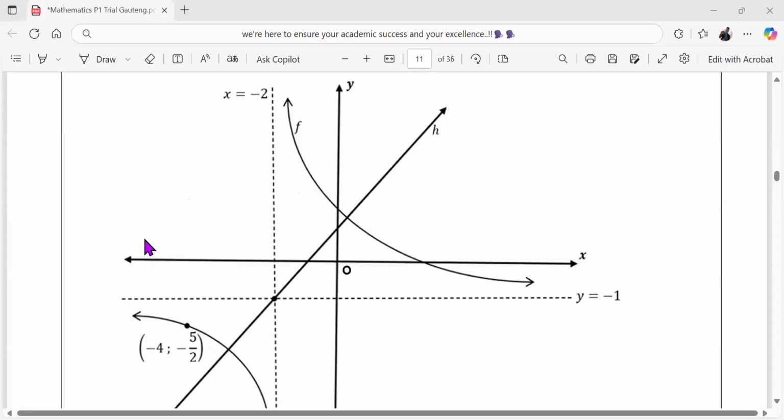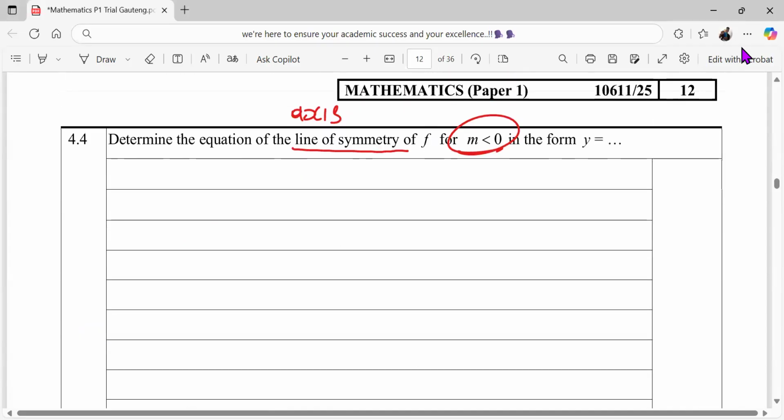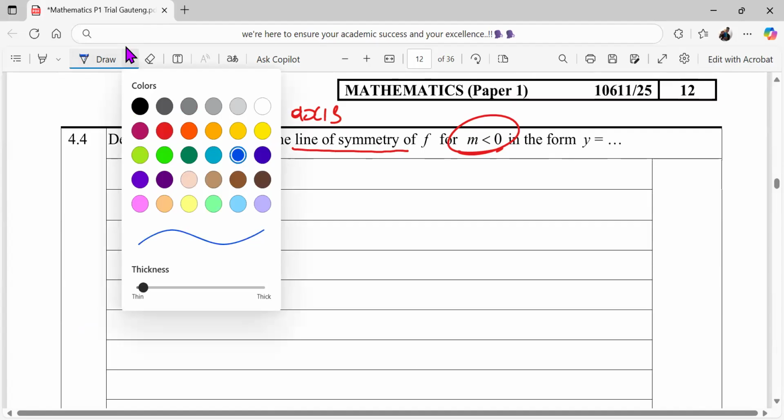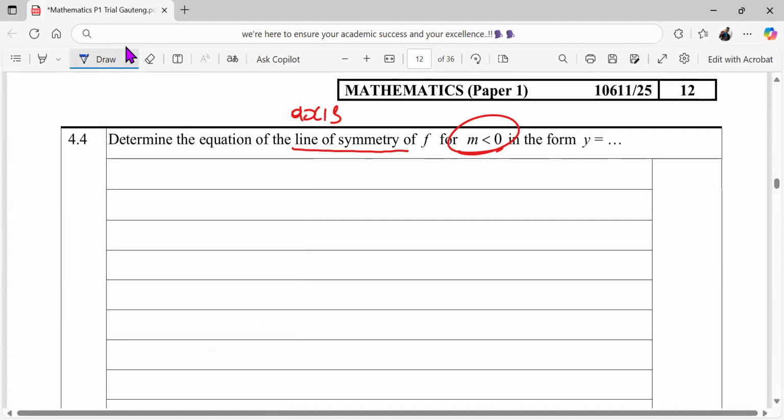So going back to the question which is given to us here, we need to find the equation of the line of symmetry that has a negative gradient. Well, that's fine. So I'm going to go to my point-slope form, whichever way you choose to call it. I really like using this formula instead of y = mx + c, but of course, you decide which one is easier for you.